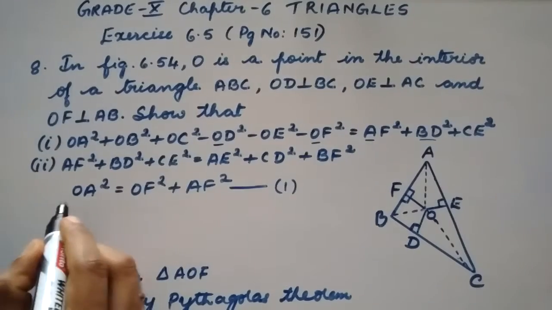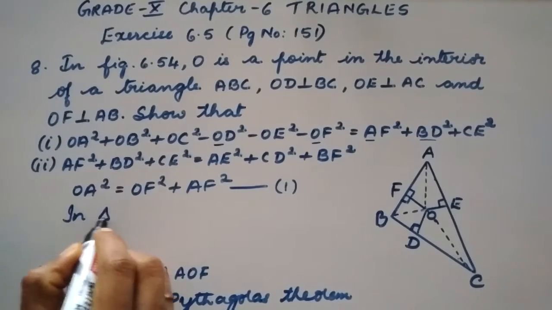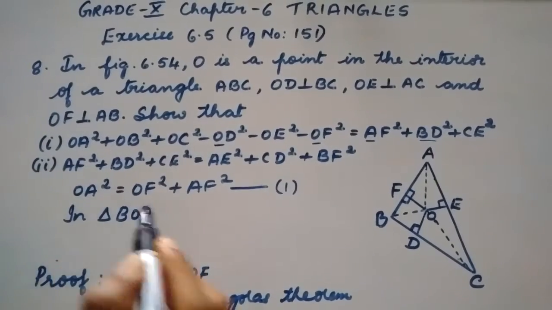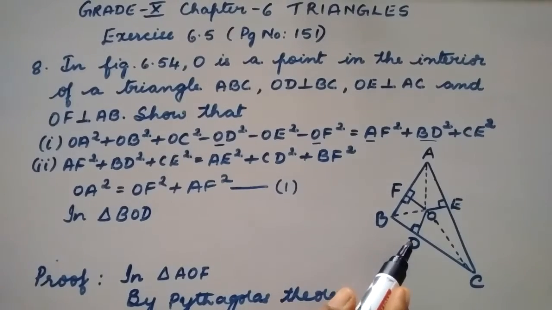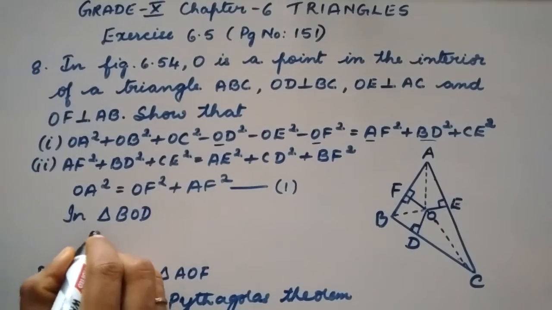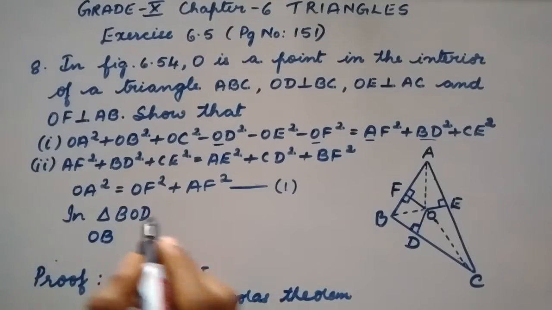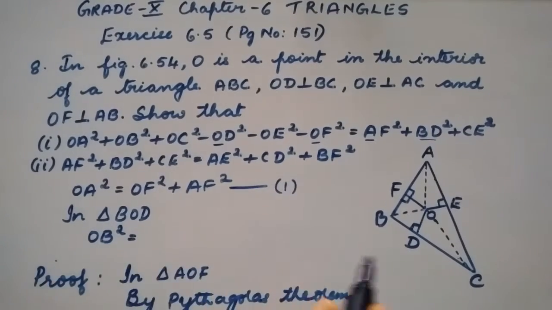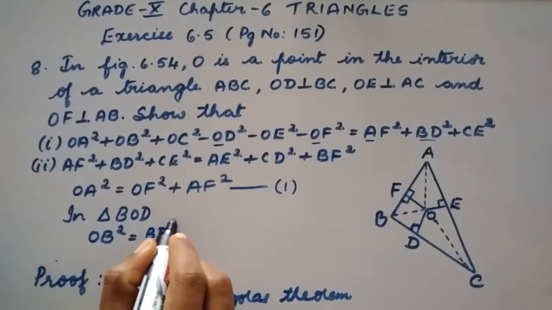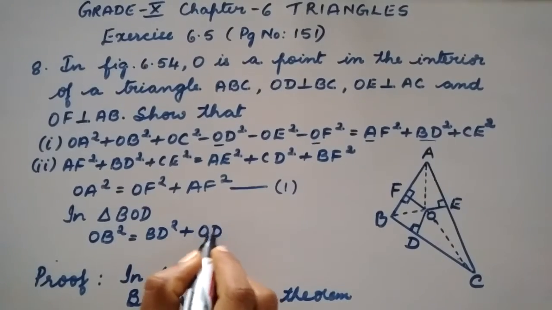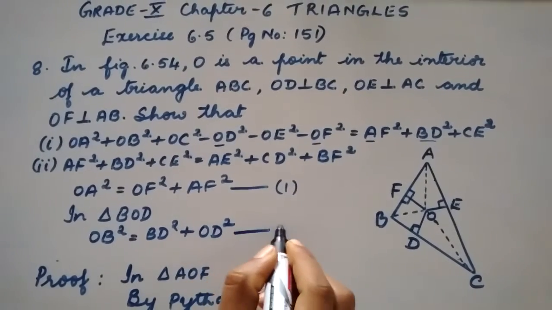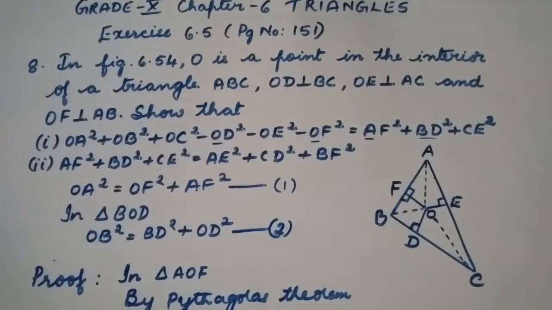So in triangle BOD, by Pythagoras theorem, we say that OB square is equal to BD square plus OD square. So let us take this as 2.